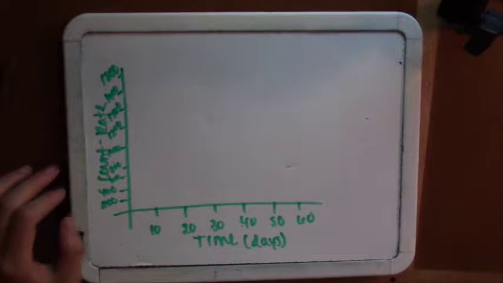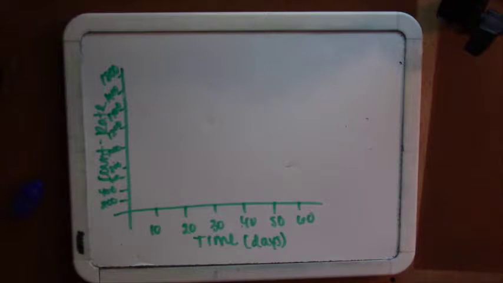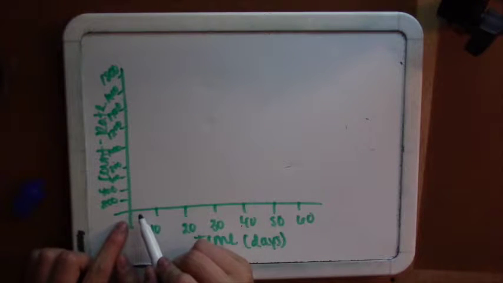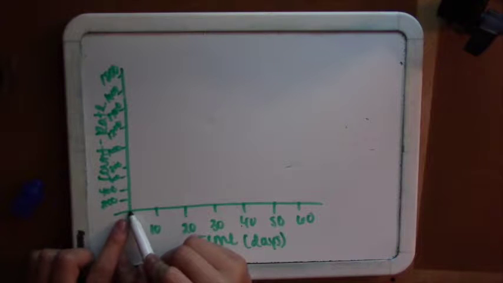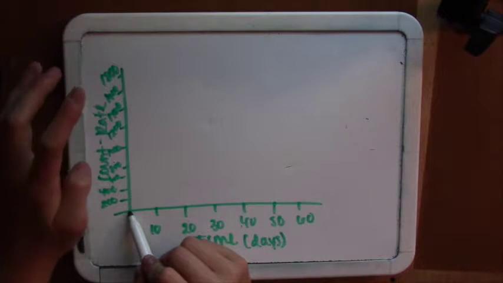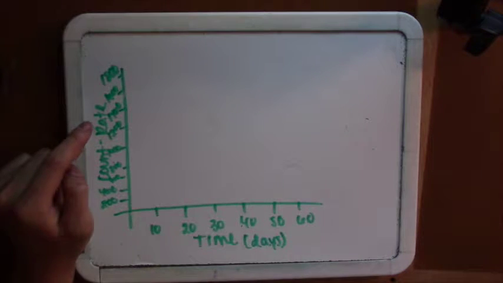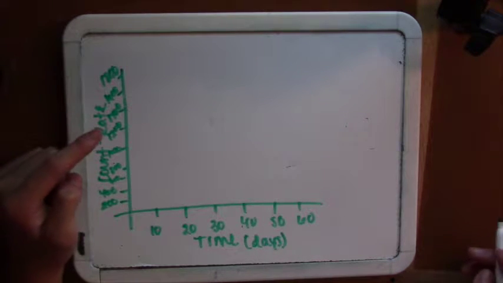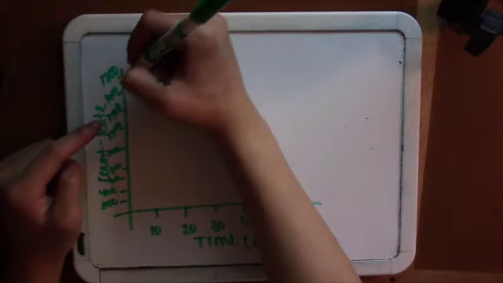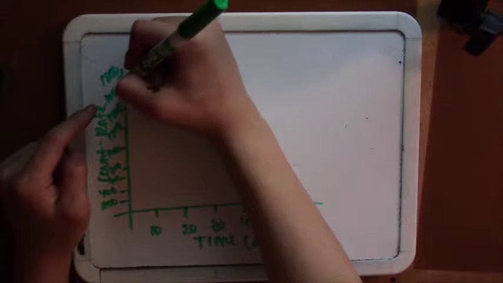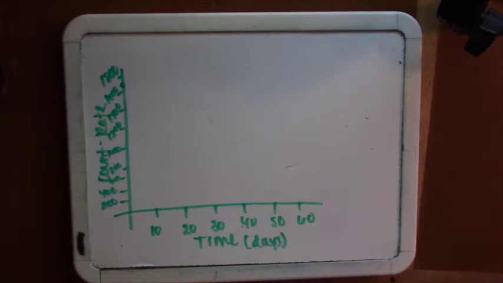So the easiest way to measure half-life from the graph is to read the original count rate at 0 days. So if this is 0 days right here, we must look at where our first starting point would be, and in this case it would be just above the 1600 at 1640, because that is where our particular material is starting at.